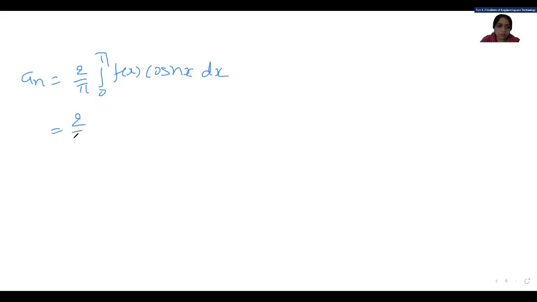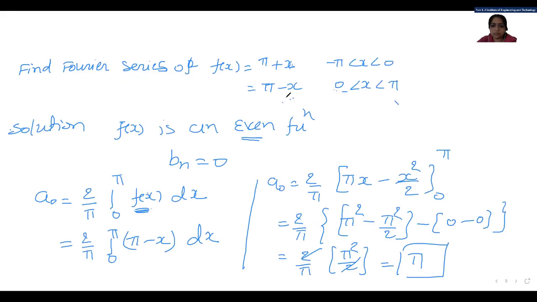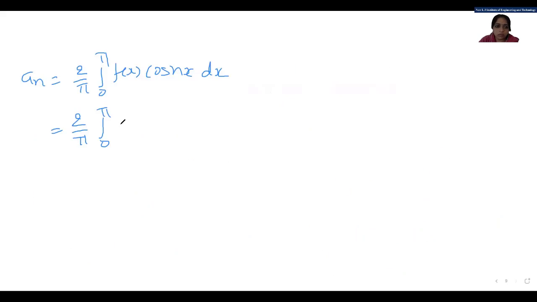What is your function for 0 to pi? Your function is pi minus x, because your integral is 0 to pi.